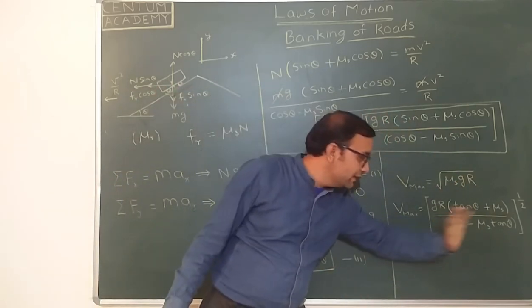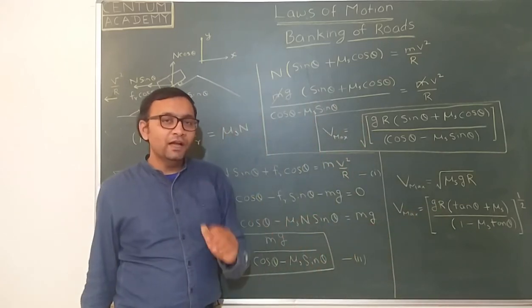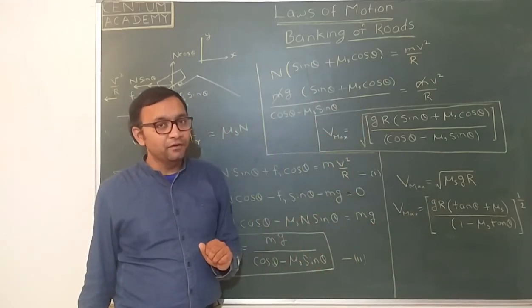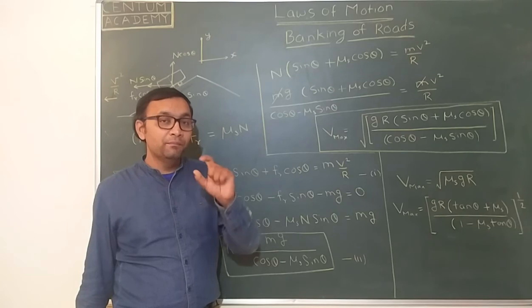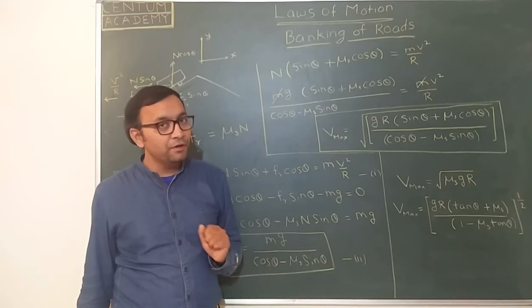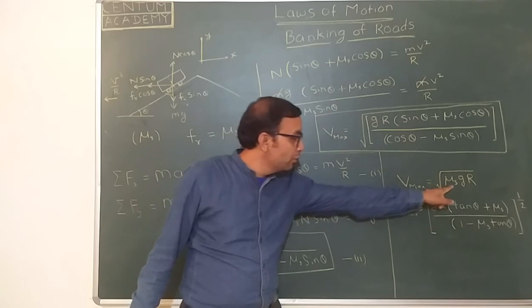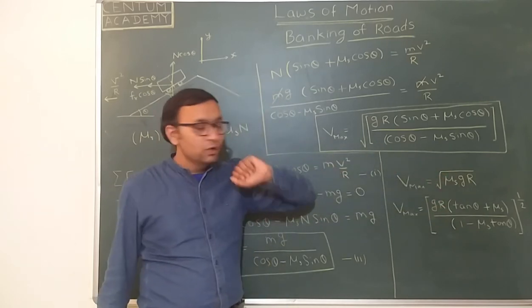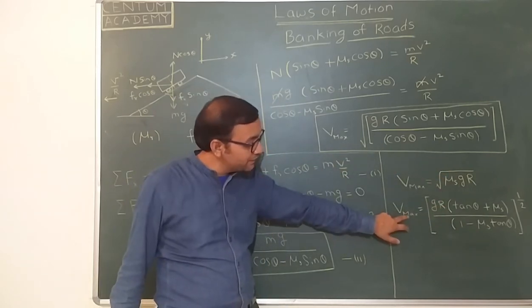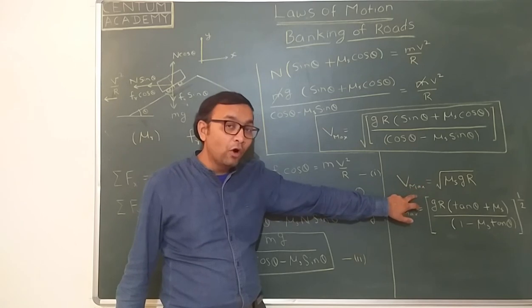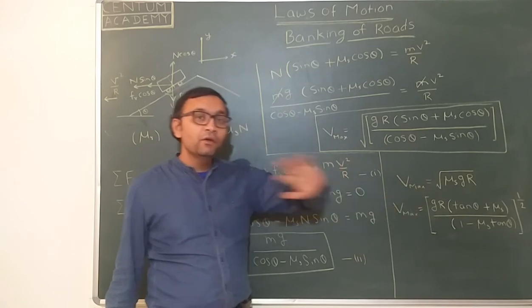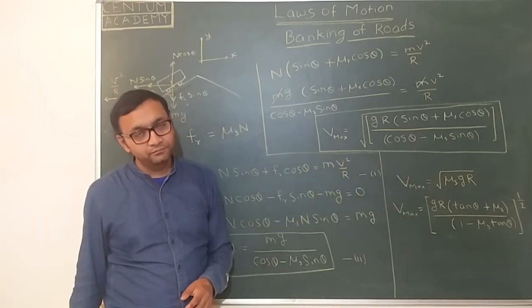Now mu s tan theta will be between 0 and 1, a positive number. So the denominator is less than 1 and the numerator is more than mu s gr, right? So of course this time the maximum velocity is more than what it would have been when the road was flat.